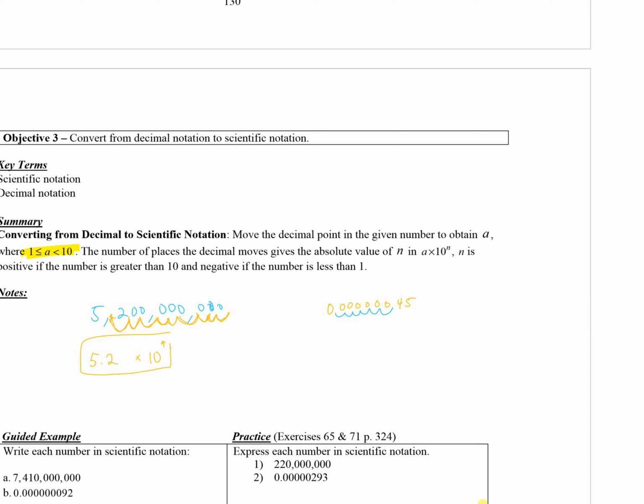We need one more. 7 times to get 4.5. So 4.5 times 10. Now I know 7 goes here, but is it positive or negative? Well, it's going to be negative this time. Why? Because if I want 4.5 to go back to its original, I need that decimal moving left. That's why I make it negative. And voila. That's how you do it. It's pretty straightforward, pretty simple.